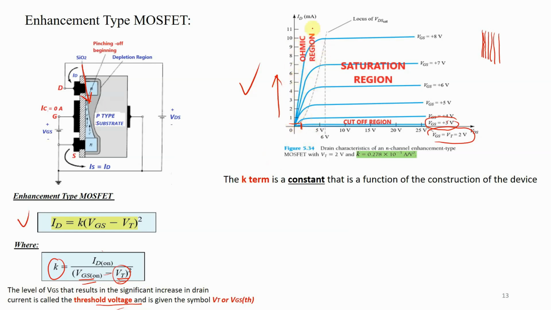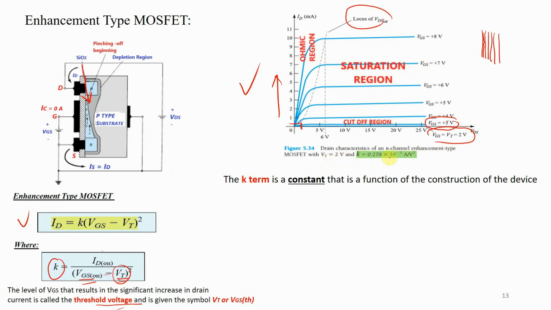And here is the ohmic region. And this is the locus of the VDS saturation, because at this point, this is the saturation of the MOSFET.